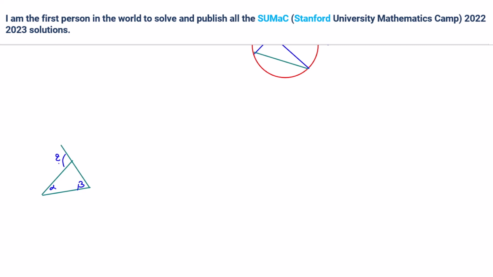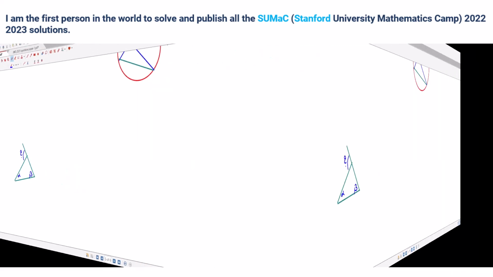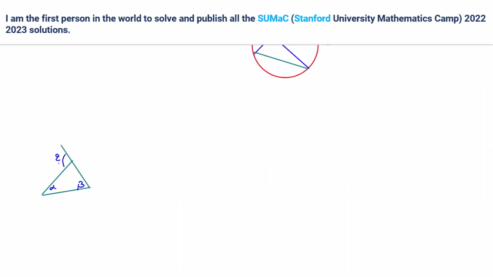The other one would be 180 minus A minus B. Yes, exactly. So what's the question mark equal to? 180 minus 180 minus A minus B. Yes, so what would it be if we simplify it?